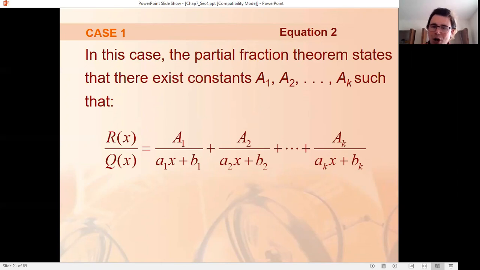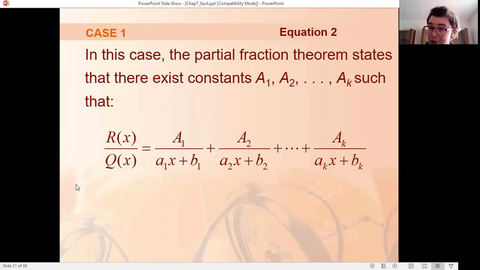We are going to solve for some new coefficients. This slide is calling them capital A1, capital A2, capital A3, exactly 1 for each of those linear factors.